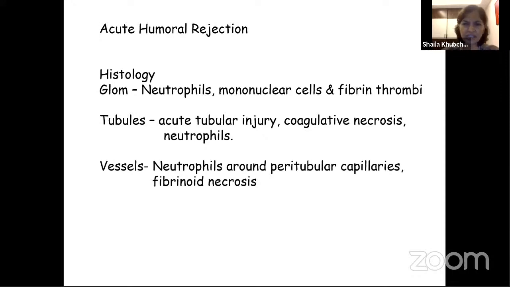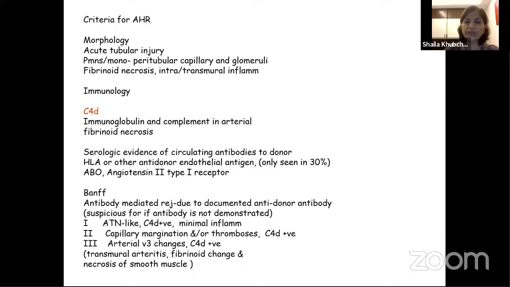Maybe in most scenarios your treatment modalities are almost similar, but for the outcome, you have to know whether you're dealing with an active humoral rejection or a TMA. So it's a package deal. You need your clinical features, your histology, your C4d, and your DSA before you can come to a specific diagnosis.